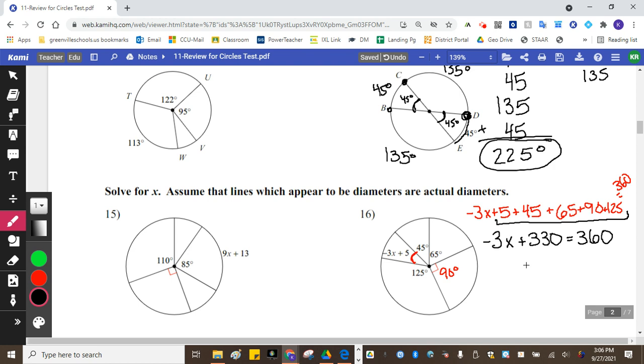And then it's a two-step equation. We're trying to get x alone. So do you want to add or subtract first? Subtract. Anytime you go over your equal sign, you do the opposite. Equals 30.